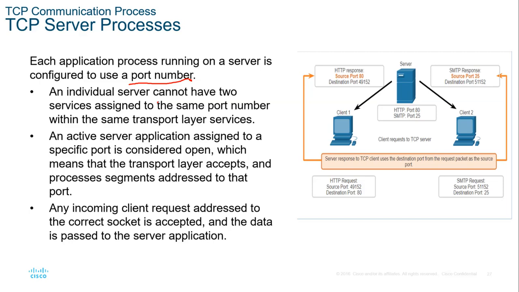An active server application assigned to a specific port is considered open. Once the service is assigned a specific port and it's active, the transport layer can accept requests and process those requests addressed to that port.